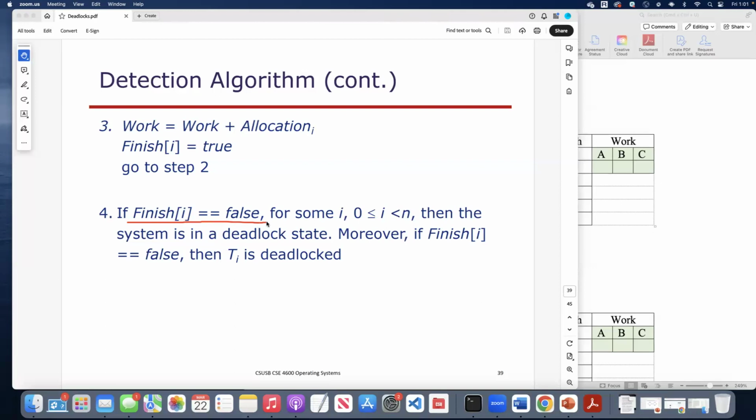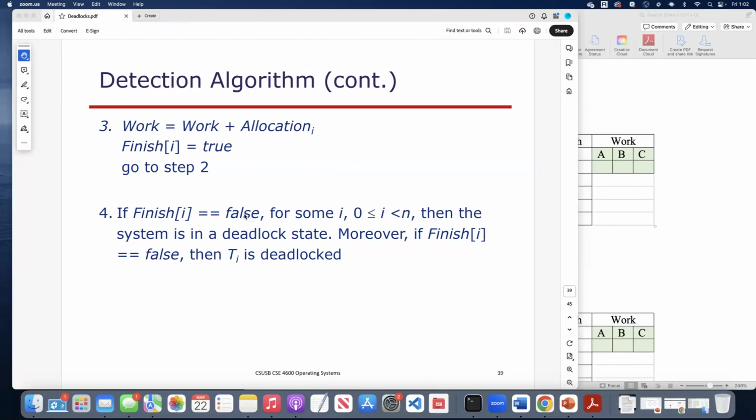If there's some thread whose finish is false, this means the system is in a deadlocked state. There is a deadlock, or a deadlock exists. Moreover, if finish i equals false, this means the thread Ti is deadlocked. If for all the threads finish equals true, it means there's no deadlock.